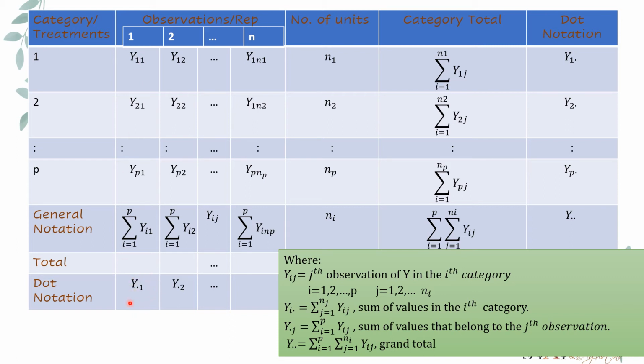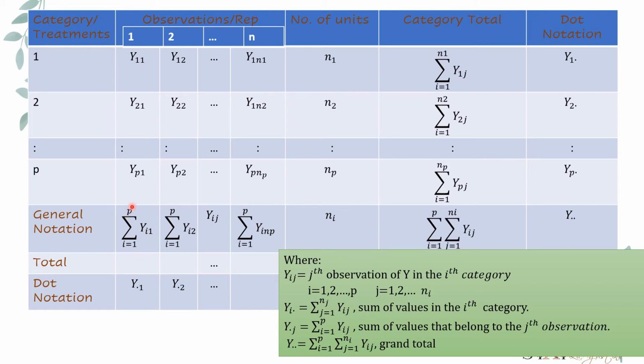This is the total for that. The same principle applies here: the summation of yi1. That means this first column, or first replication, is fixed, and i ranges from 1 to p.